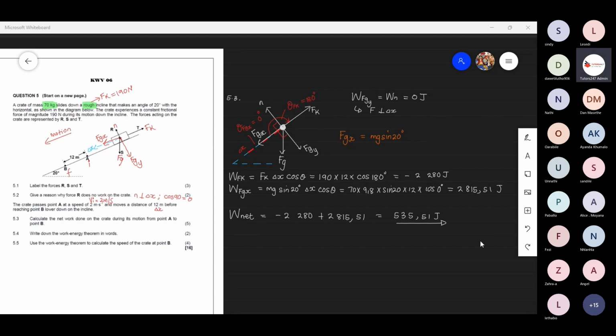So we have 5.2. What if I said not on the path of motion? Okay, Cindy, just give me a moment to try and understand what you're saying. 5.2, give a reason why R does not work on the crate. 5.2, what if I said not on the path of motion?